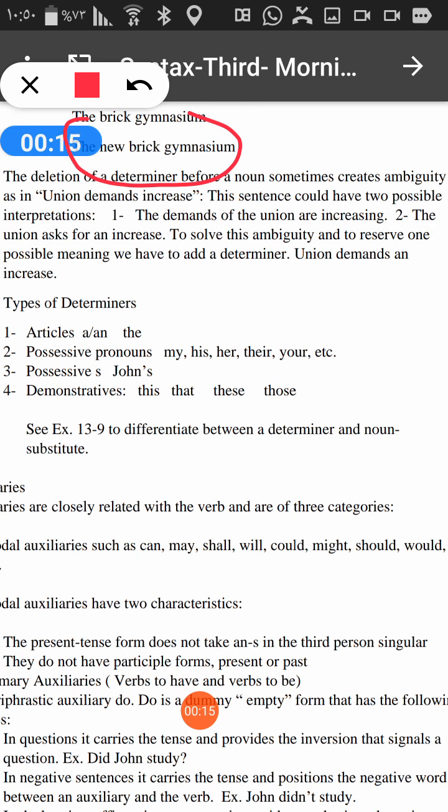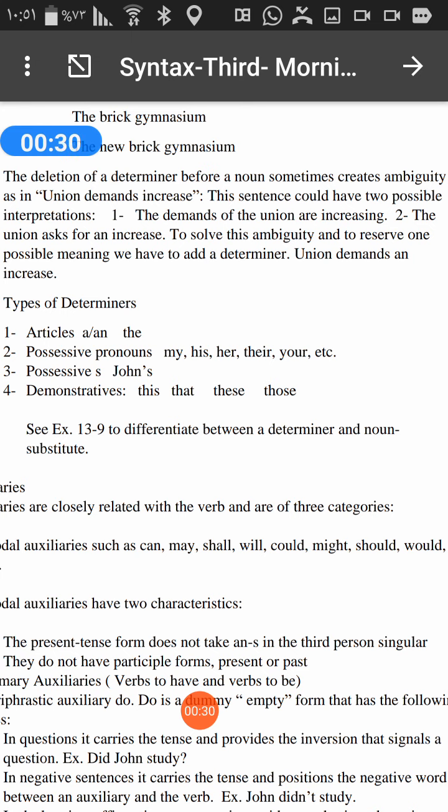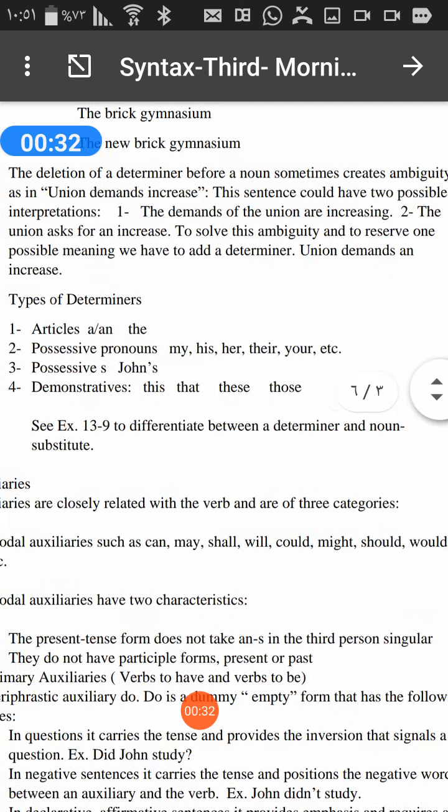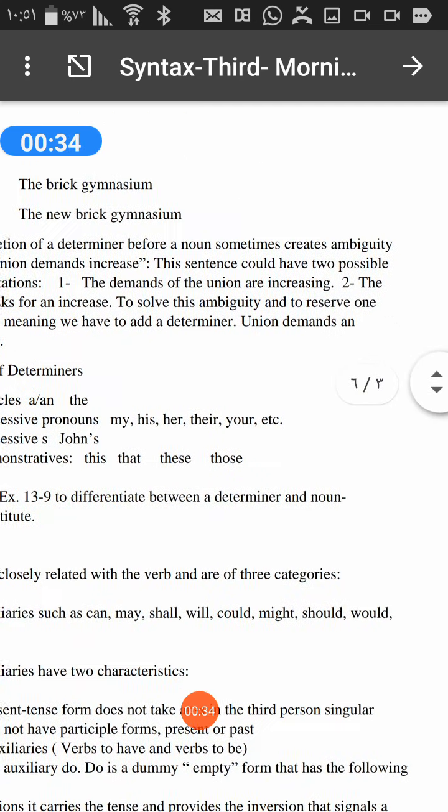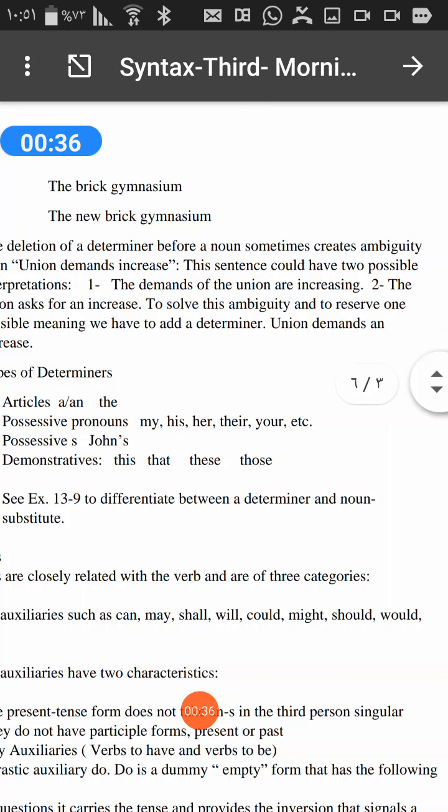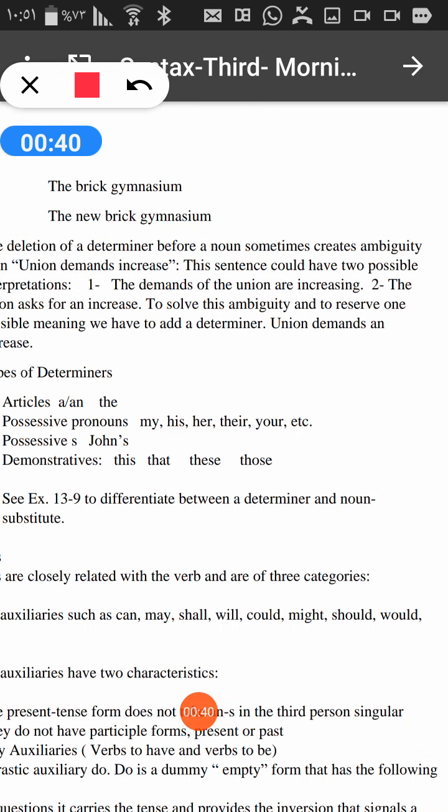Now we take other examples about determiners. For example, here we have the brick gymnasium and the new brick gymnasium. So in these examples, gymnasium, which is a noun, is preceded by an adjective, which is brick.